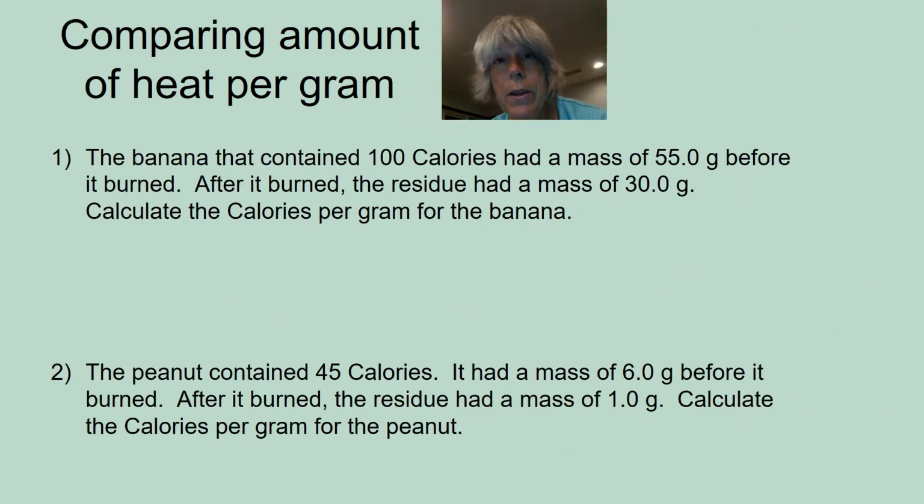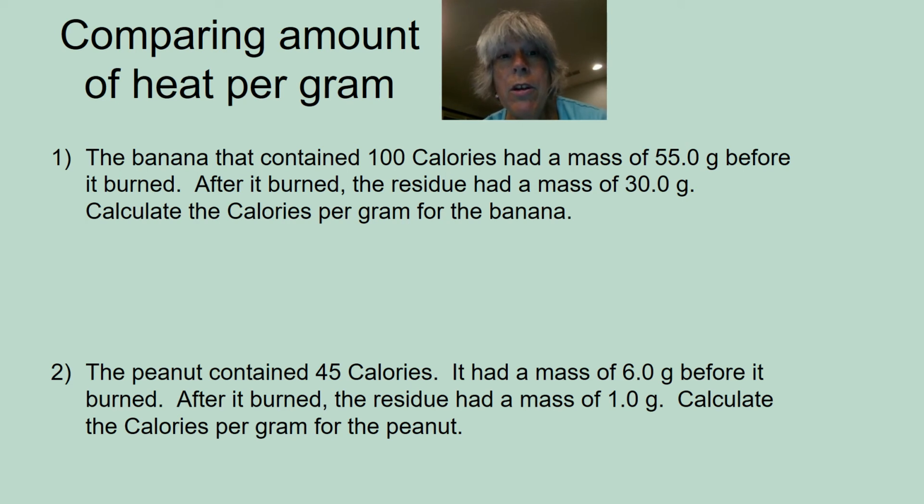So when you burn your peanut and your marshmallow in lab, you're going to have a little something left after it burns. The amount that burned away is the amount of peanut that actually gave the heat. It's the amount of mass that was converted into energy, that was converted into heat energy. So that matter, through a chemical reaction, created heat.